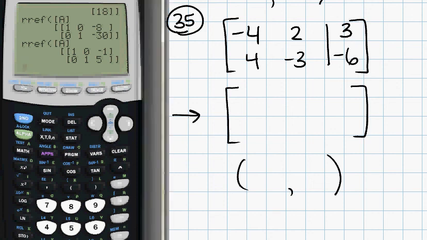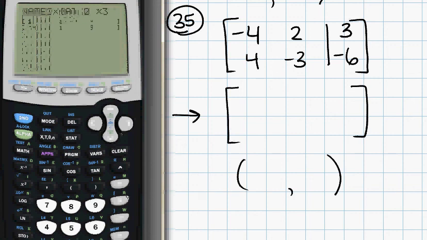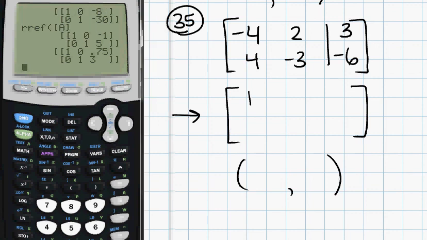So you go back into matrix, you go over to edit, you choose the 2 by 3, you type in your numbers, you make sure they're right, and you quit, and you rref one more time, and you should get 1, 0, -0.75, 0, 1, 3.